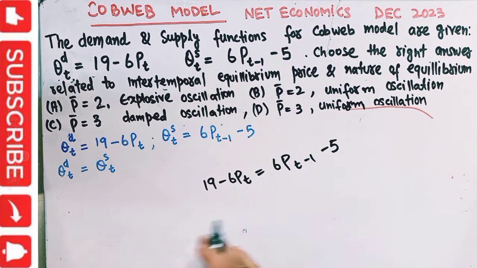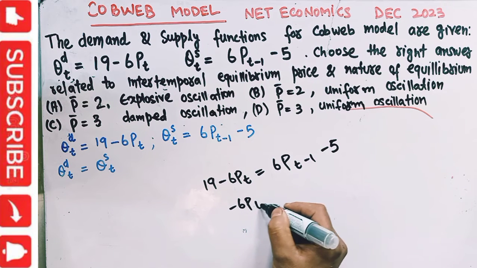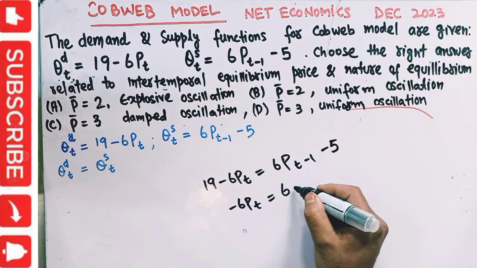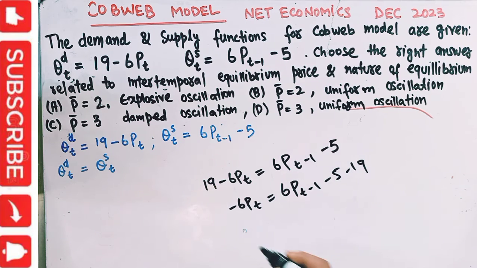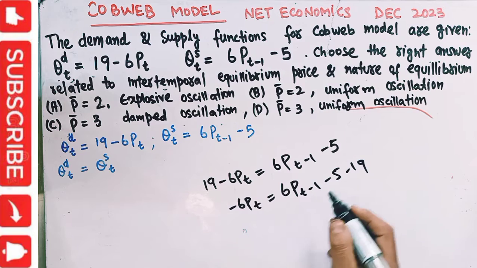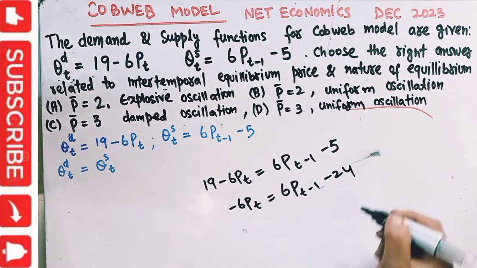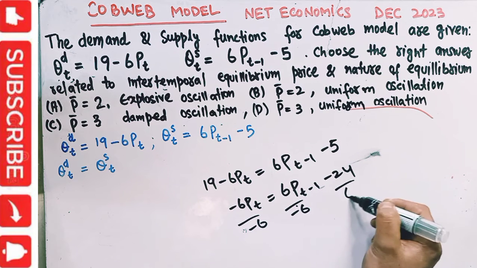We need to solve this equation for pt, which implies minus 6pt will be equal to, transposing 19, minus 19. So we will get 6pt minus 1 minus 5 minus 19. Solving this, minus 5 and minus 19 will become minus 24. When we divide both sides by minus 6, what will we get?